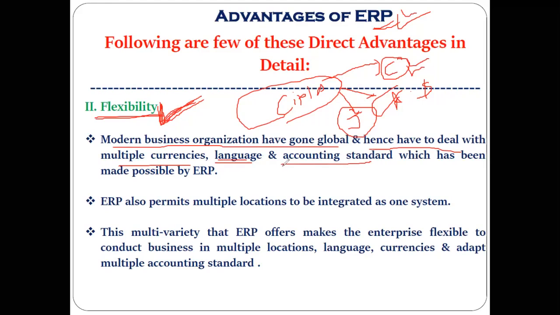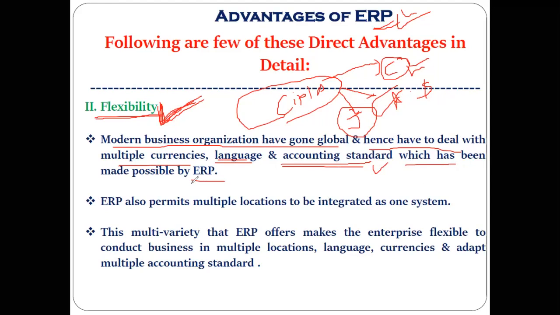Your ERP system should be capable of working in different accounting standards. Understood? Indian accounting standard मध्ये difference असू शकतो as compared with the Chinese accounting standard, as compared with the American accounting standard, because their currencies are different, our currencies are different. Understood? आणि हे सगळं पॉसिबल कशामुळे होऊ शकतं?